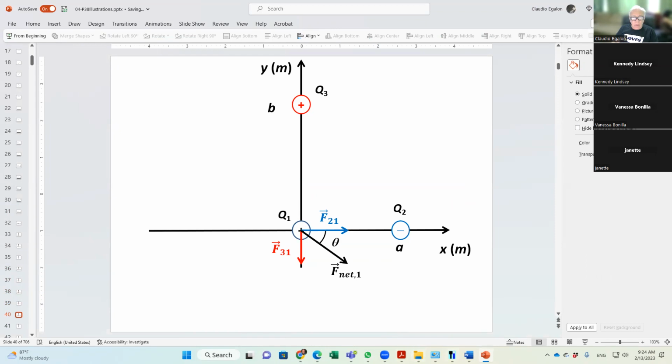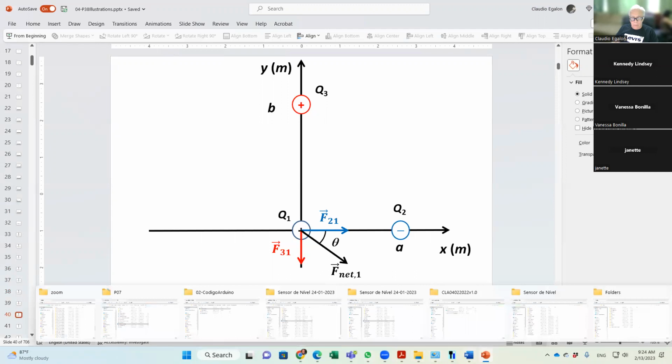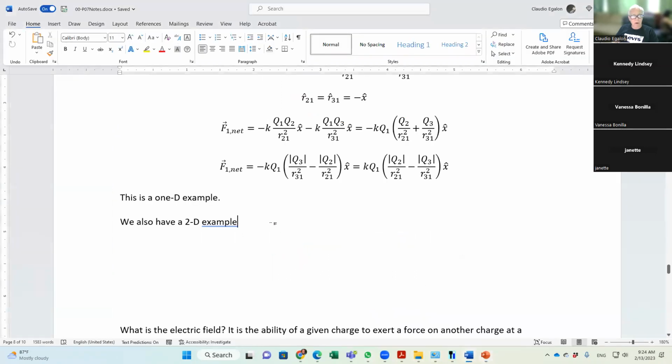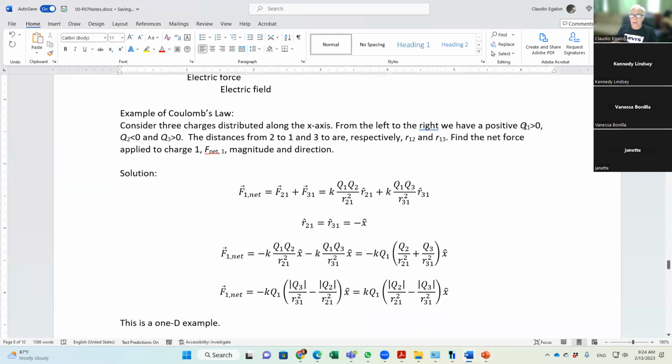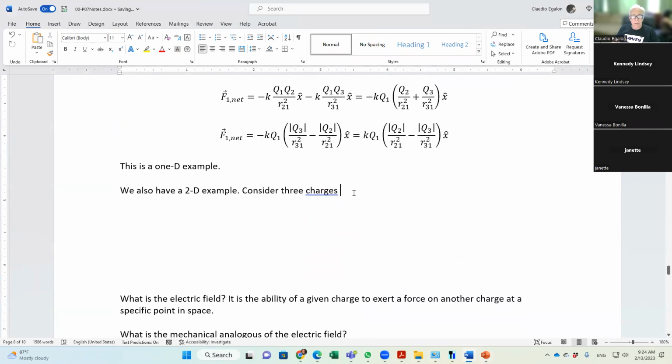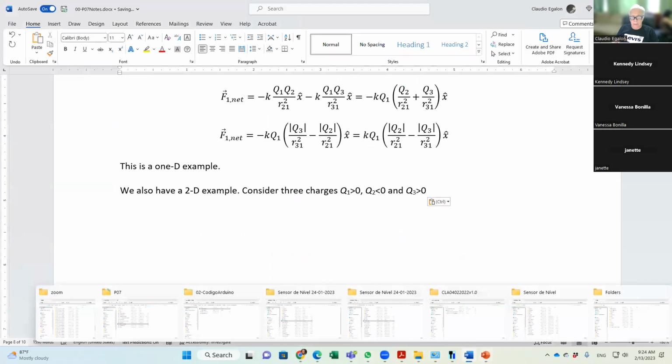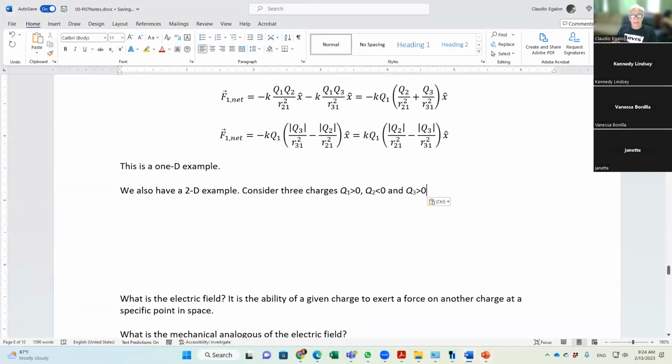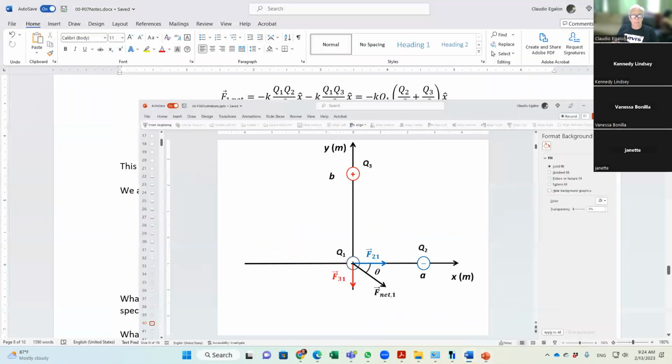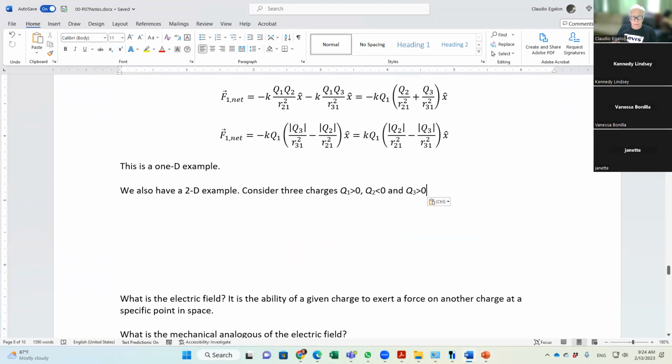So consider going back to our problem. We also have a 2D problem, okay? Consider three charges, Q1, Q2, and Q3. Let's make sure the signs are correct. Q2 is negative, Q1 and Q3 are positive. Three charges.